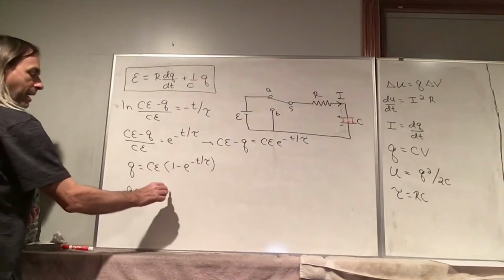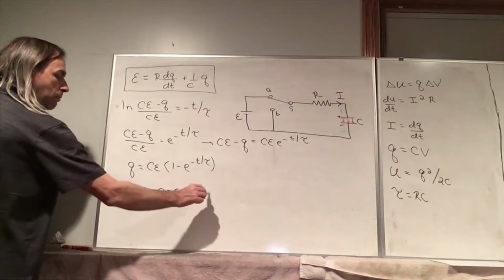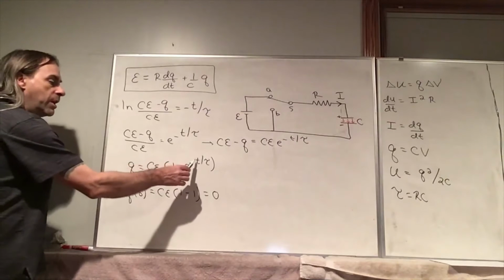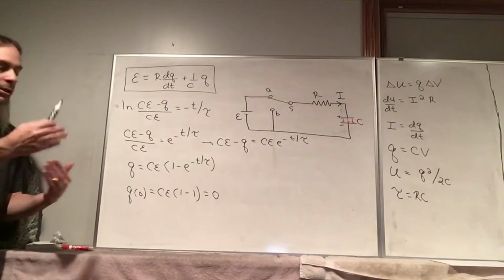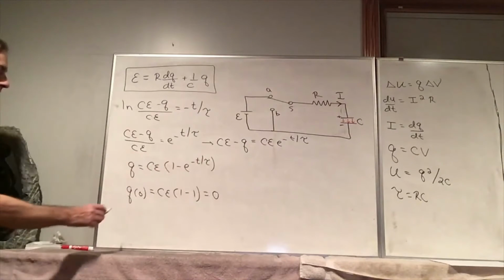We have c epsilon times 1 minus e to the 0. So yeah, we do get 0. Now, if we look at a long time period, if t is very large, e to the minus t over tau, that's 1 over e to the t over tau. So if t is large, we have 1 over e to some positive exponent that's large. Basically, this term's going to go to 0.